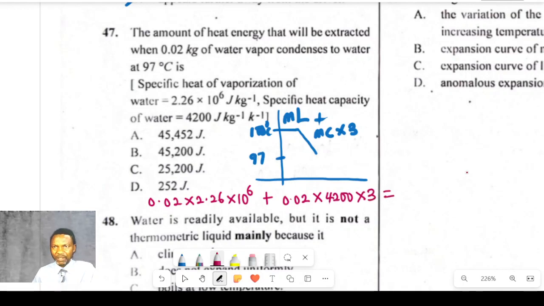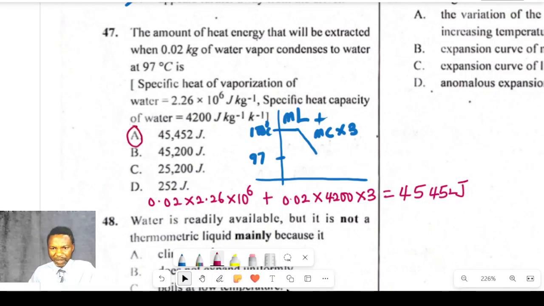And that will give us the total heat, which is 45,452 joule. So the answer is A, correct.